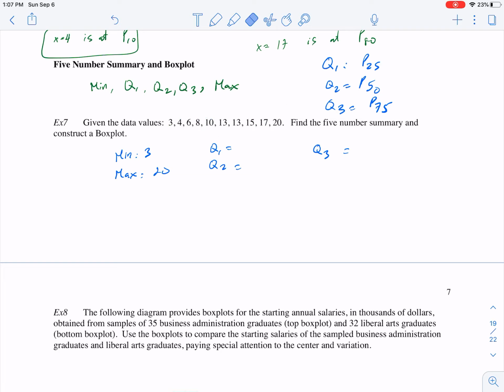To find the median, Q2, we take the two middle numbers and average them, which are 10 and 13. So 10 plus 13 divided by 2 is 23 divided by 2, 11.5.